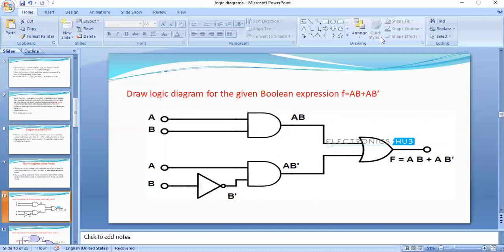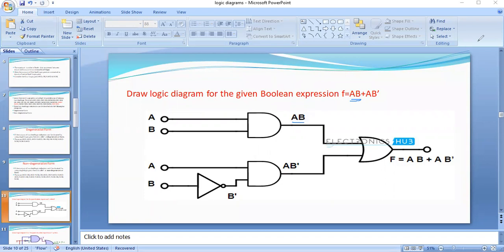AB means what is the operation between A and B? It is the dotted operation, so we have to draw an AND gate. For the AND gate, if you give inputs A and B, the output of the AND gate is AB.